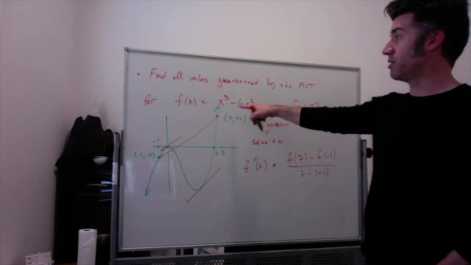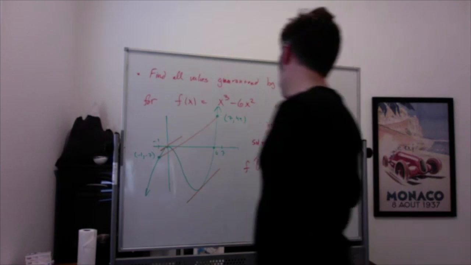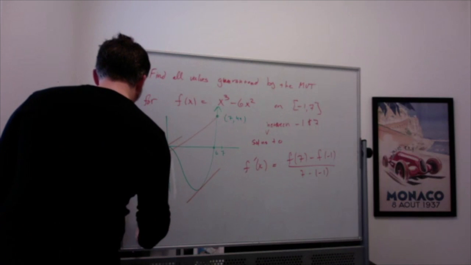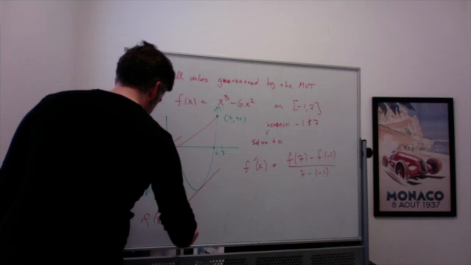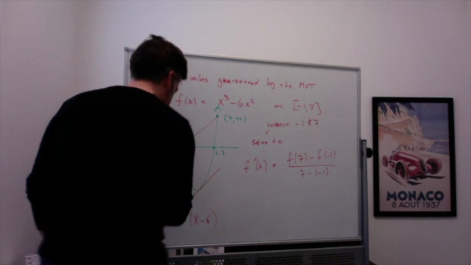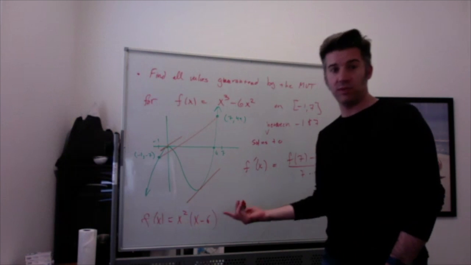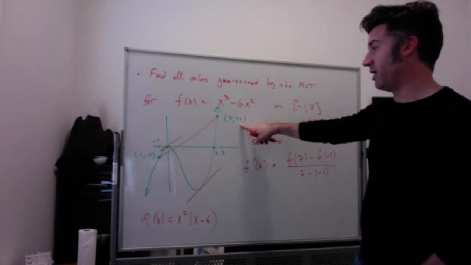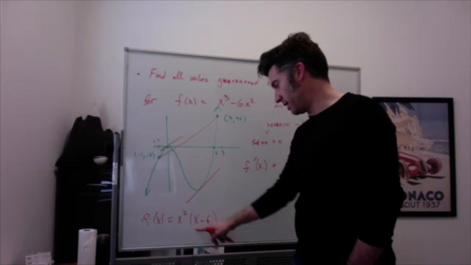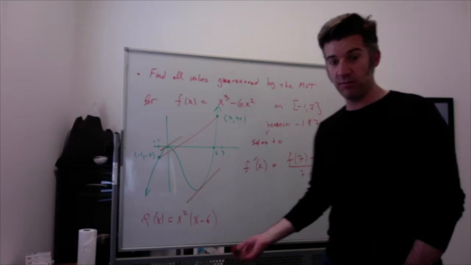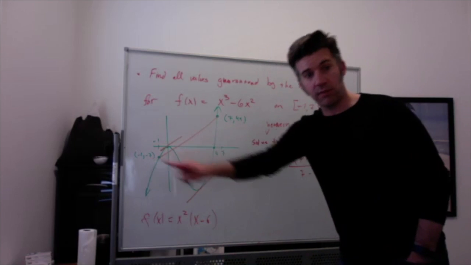So I'm going to factor this to make life a little bit easier. My f of x here is x squared times x minus 6. I can see that f of 7 is 49 times 1, which is 49. And f of -1 is 1 times -1 minus 6, which is -7.